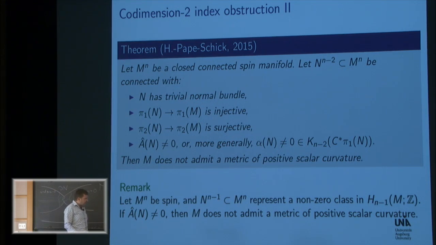And I find this interesting because it's more direct to write down the corresponding codimension 1 statement. If we have a spin manifold, and a codimension 1 manifold, which represents a non-zero class in the (n-1)st homology, and has non-vanishing A-hat genus, then this manifold does not admit a metric of positive scalar curvature. Within spin geometry, that's not very hard to prove. But this statement is completely analogous to the one that we are interested in the non-spin case using minimal hypersurfaces.